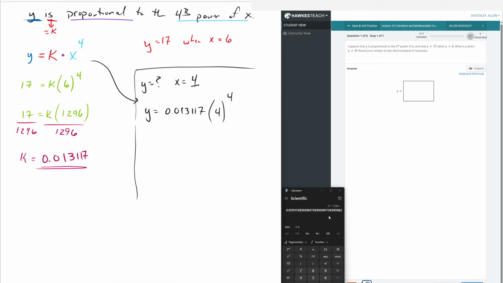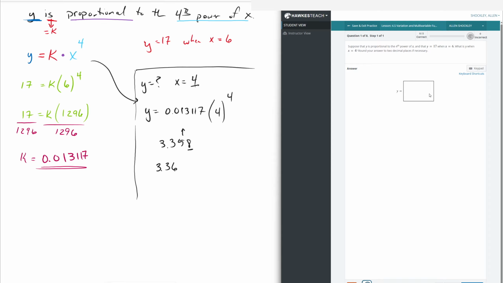Since this is already in my calculator, I can multiply it by 4 to the fourth. It wants me to round to 2 places, so this 5 will go up to 3.36. And if we did it right, we should be dancing. Perfect.